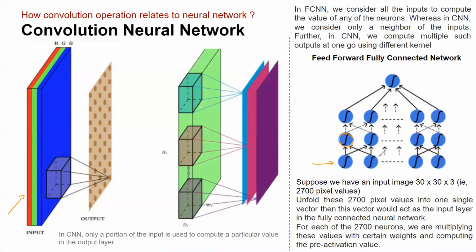I will be doing calculations over all these n neurons. Similarly, to compute this neuron, I need to do computation over only a small portion. For this neuron, I need to do computation over n neurons. But here, if I want to compute this neuron, I need to rely only on a very small portion.